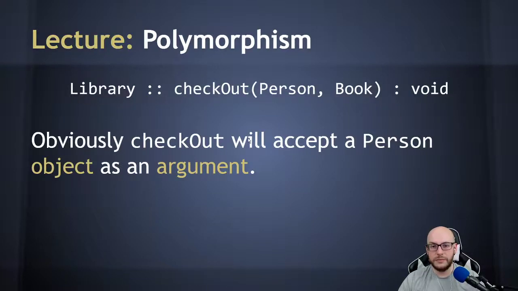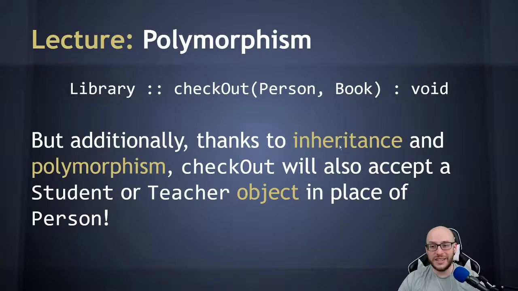Obviously, this checkout method will accept a person object as an argument. Additionally, thanks to inheritance and polymorphism, checkout will also accept a student or teacher object. So not only does this take in a person, it can take in a student and a teacher because those things essentially are subclasses.